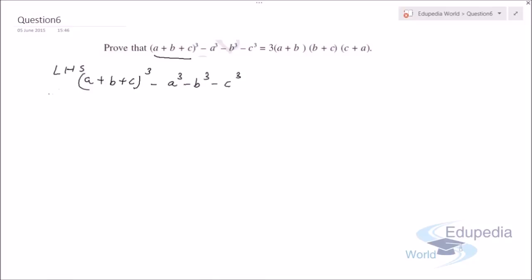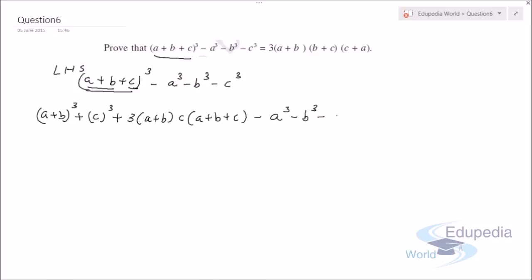Now what we can do is expand this cube. How to expand? We take a plus b as one number and c as one number. So we write (a plus b) whole cube plus c cube plus 3 into (a plus b) into c into (a plus b plus c). Then we write the remaining part, minus a cube minus b cube minus c cube.